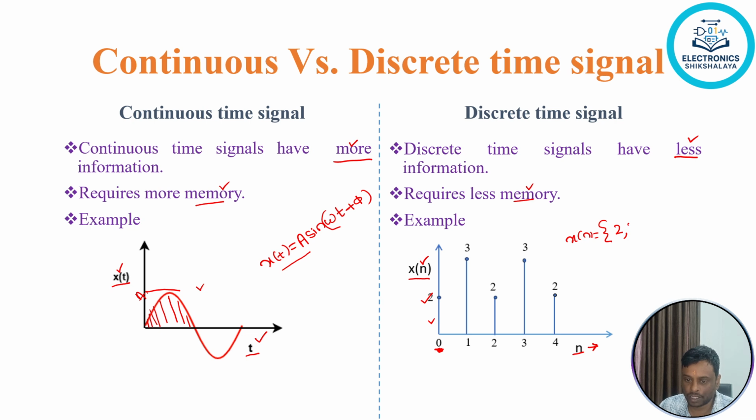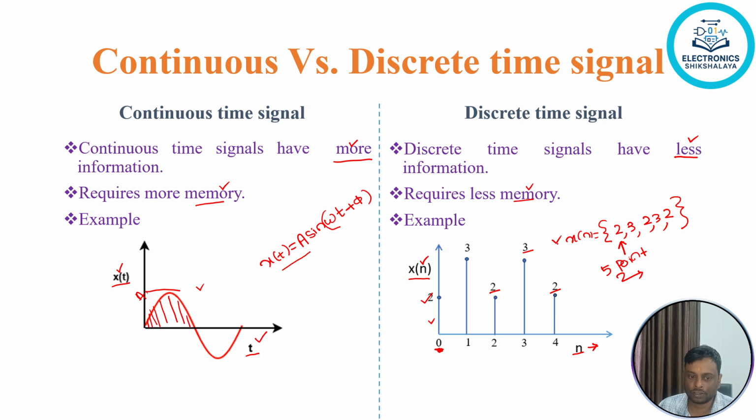At 1 the value is 3, at 2 the value is 2, at 3 the value is 3, and at 4 the value is 2. This is our discrete time signal. It is a 5-point sequence, which we will see in the coming classes. The reference is at 0, denoted by the arrow mark.